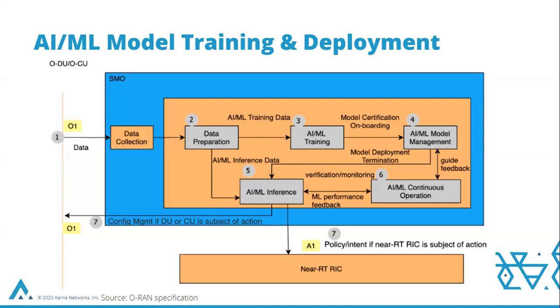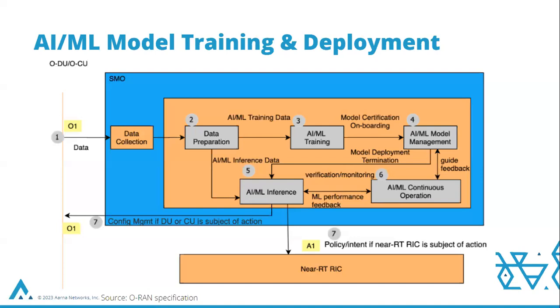Where all the various model versions will be maintained. And that is step number 4. After that, step number 5, which is the AI/ML inference host, where it deploys the particular model. Steps number 3 and 4 apply if it is online training, but if it's offline, it can be offline training as well in such cases.